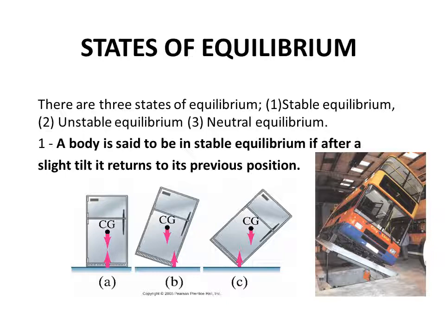If the vertical line through G passes through its base in the tilted position, as shown in the figure, the block turns to its previous position. If the vertical line through G gets out of its base, as shown in the figure, the block does not return to its previous position; it topples over the base and moves to a new stable equilibrium position.